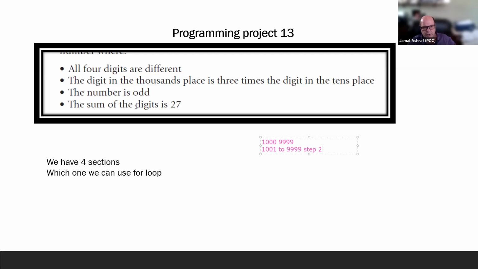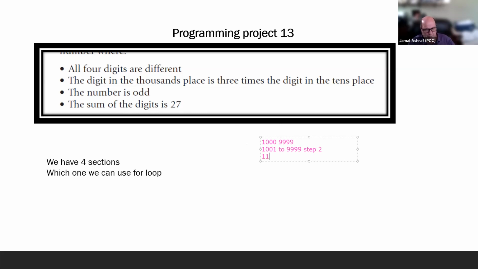And then I have to check that the sum of the digits is 27. Now there is another thing that I can potentially put in my loop or figure out: that my 1000 place is 3 times my 10 place. That means my 10 place cannot be more than 3.